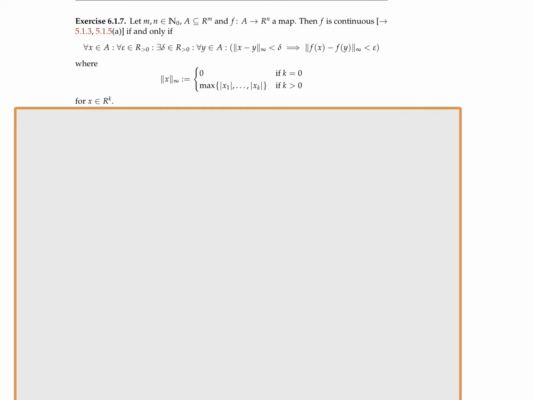For k equals 0, if I'm looking at zero tuples, I have to be careful not to write a maximum here because it wouldn't be defined. So that's why I make this case distinction.